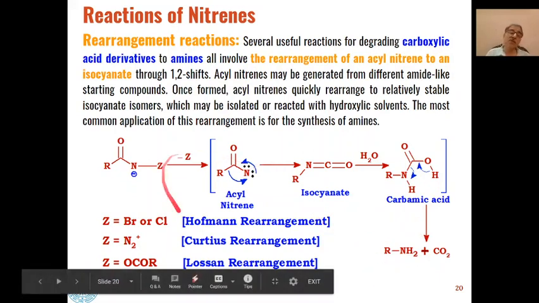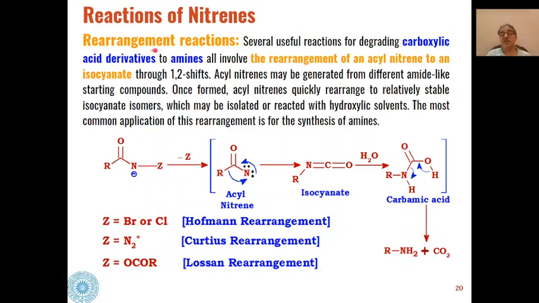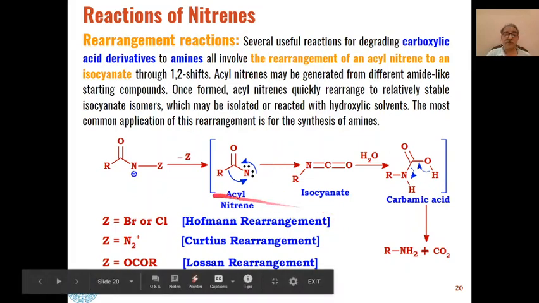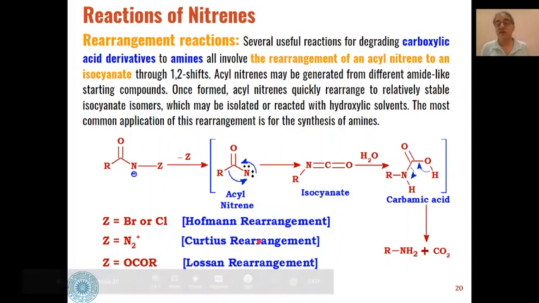So in all these reactions, the product will be amines, and these are called rearrangement reactions. These are the most common examples of reactions where nitrene is an intermediate.